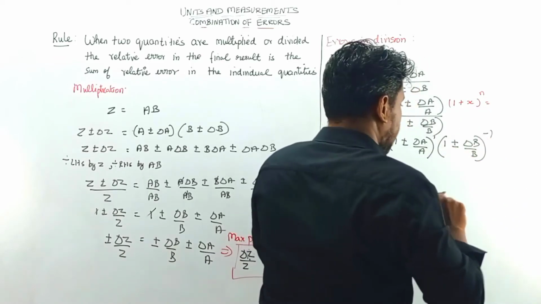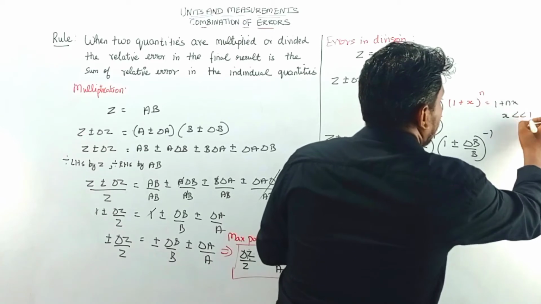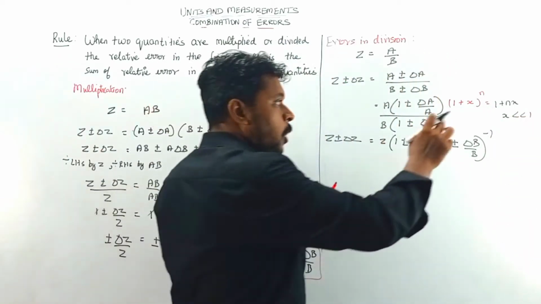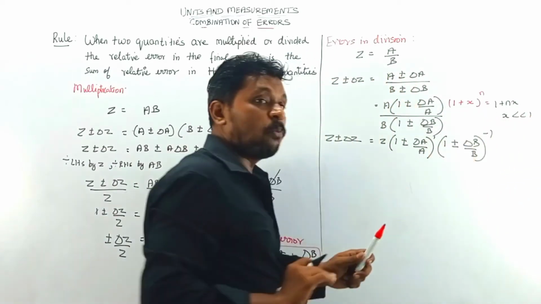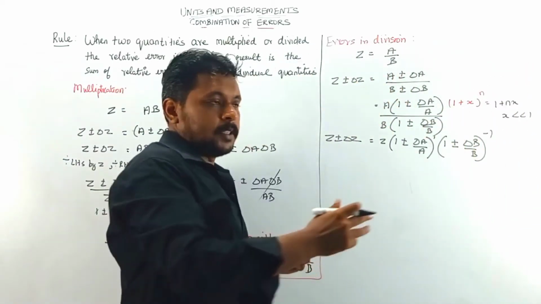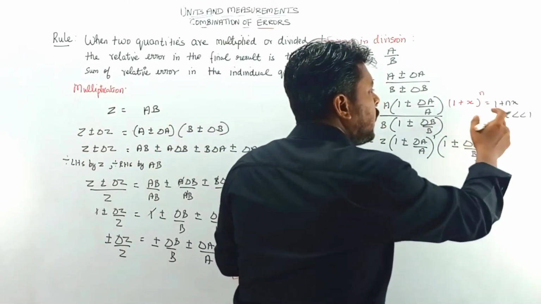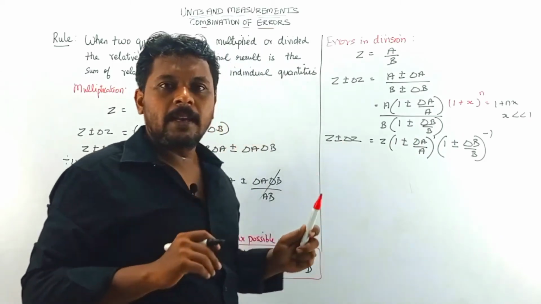This can be written as 1 plus nx, and we can stop up to this value for the case when x is very much less than 1, because we can eliminate the remaining higher terms. Yes, these terms, delta B by B and delta A by A, will be very much less than 1.